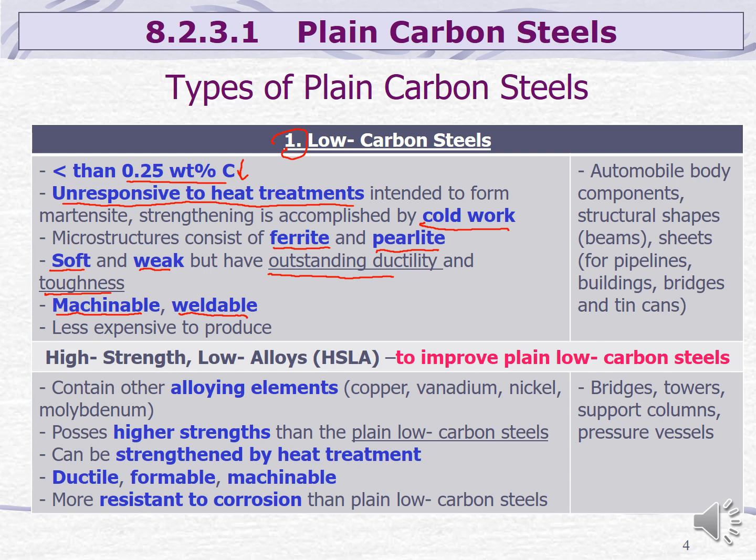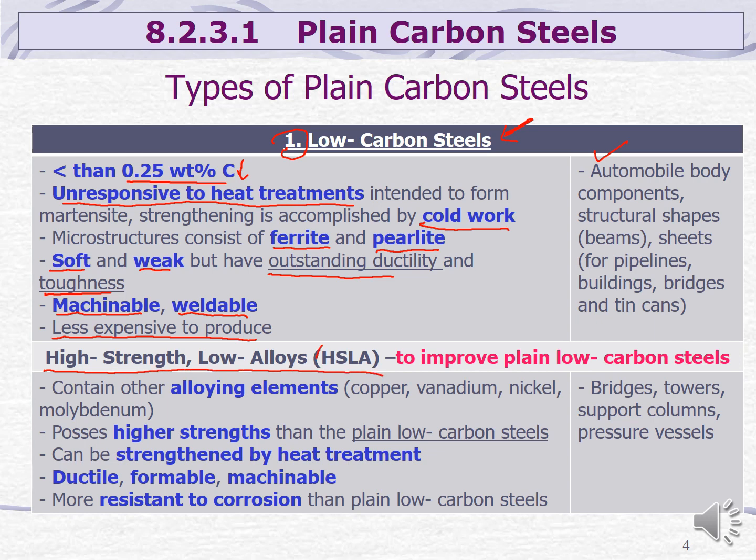And because it consists of a very low percent of carbon, it is less expensive to produce. So here you can see the application. Okay, in order to improve this low carbon steel, we have the high strength low alloys.